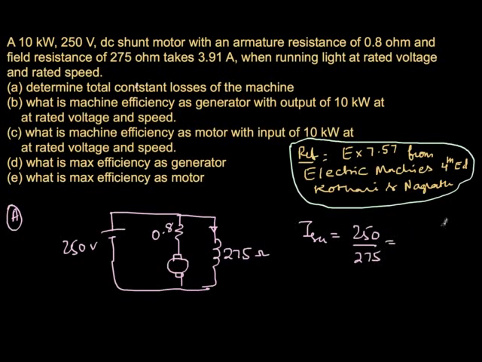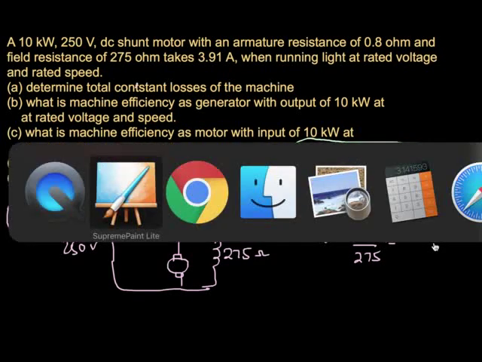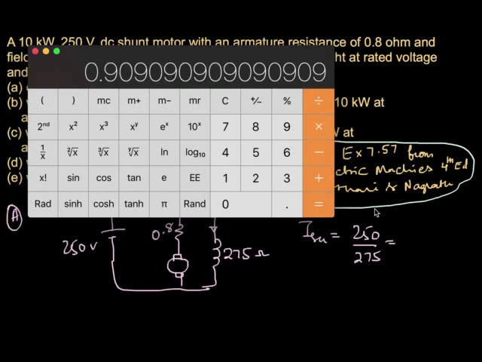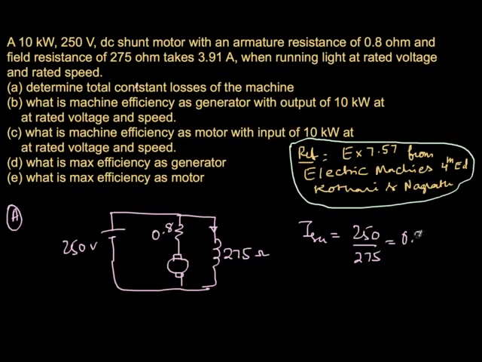So let's use calculator, 250 divided by 275. So 0.909, so I can approximate to 0.91 amperes. So I know the shunt current. So what are the losses? Shunt copper losses, I'll denote as PSH, which is ISH square RSH.